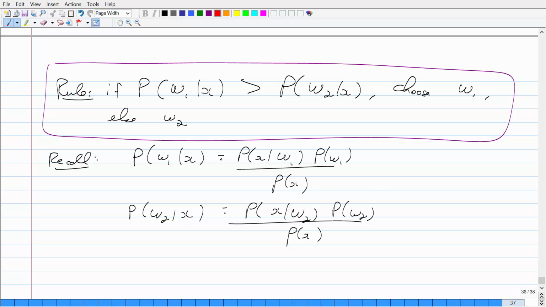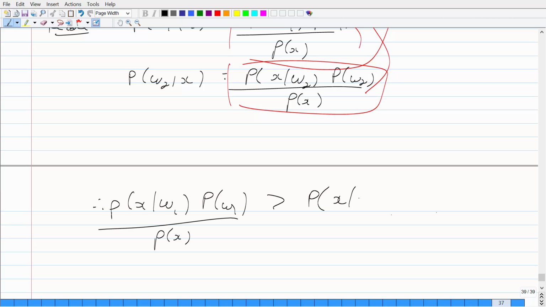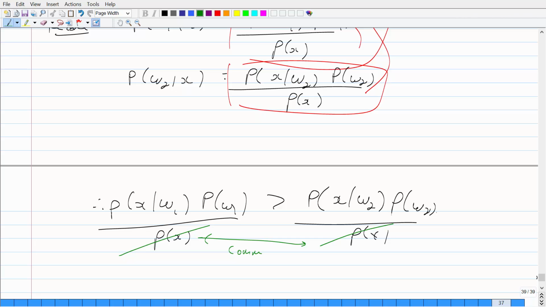Now if I take these and plug them in here, you'll notice that there's a p of x term in the denominator that we don't need anymore, so we can cancel it out because it's a common factor.